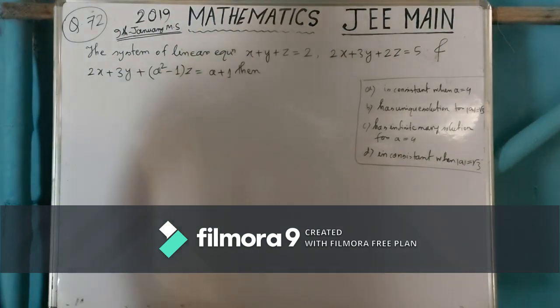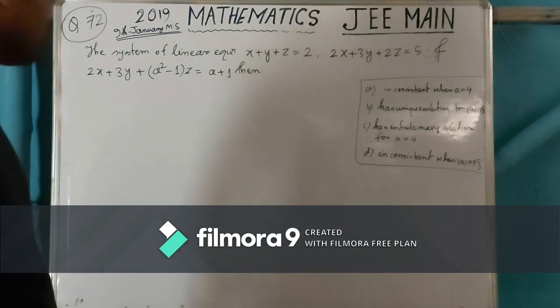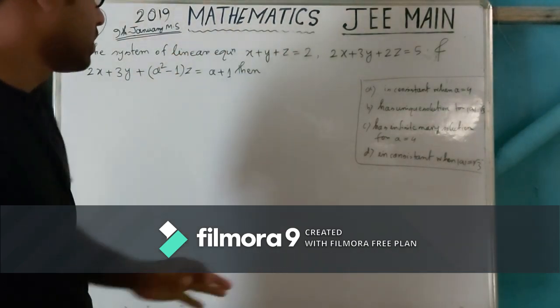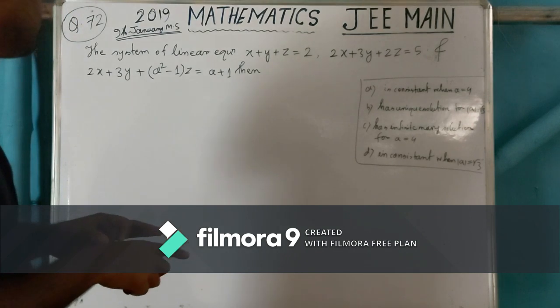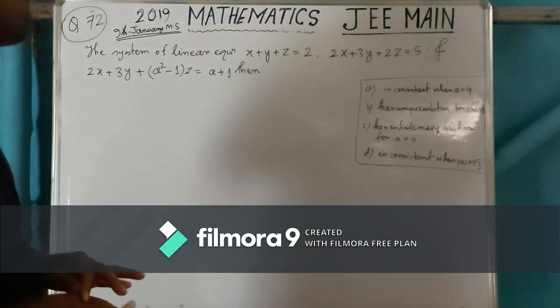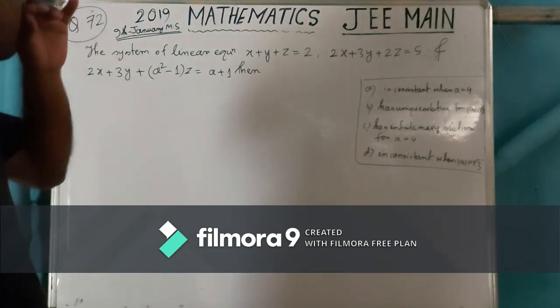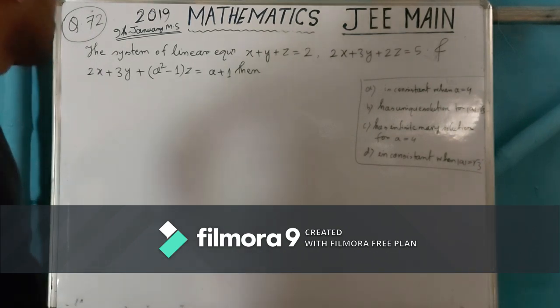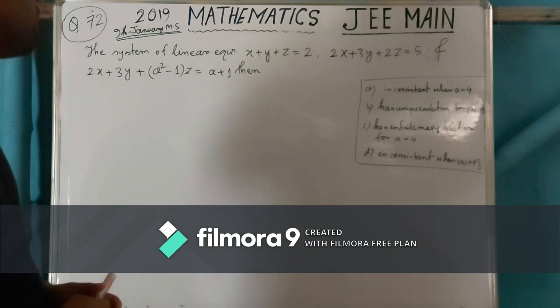So here we see that there are three equations and three unknowns x, y, z, which is a system of linear equations. So does this system have a solution, or a unique solution? How can we find it? First we write the determinant of the coefficients of the system.